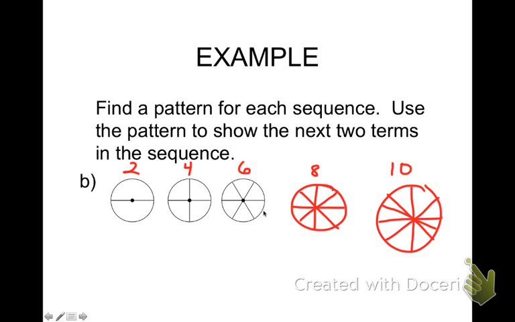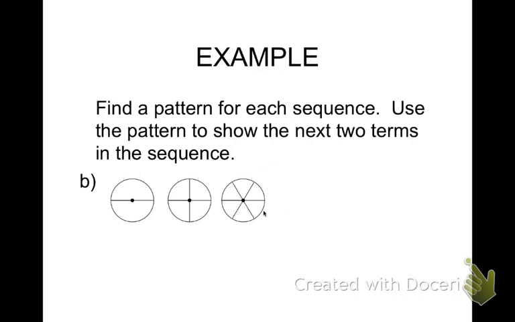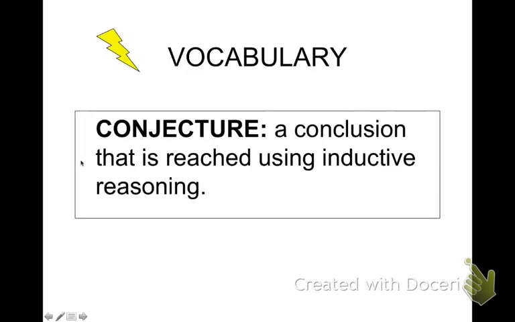Now, the next terminology you're going to be seeing often in this section is the word conjecture. Okay, and a conjecture is a conclusion that is reached using inductive reasoning.